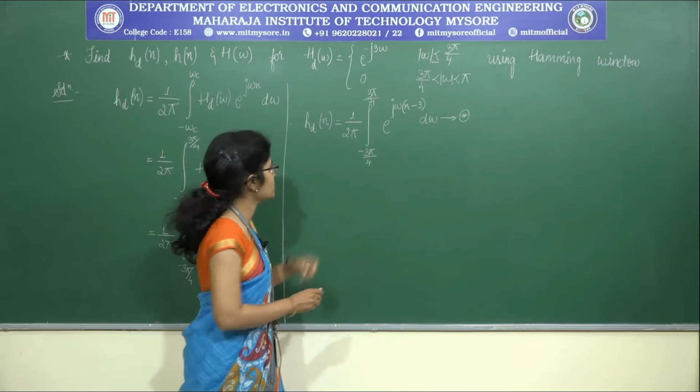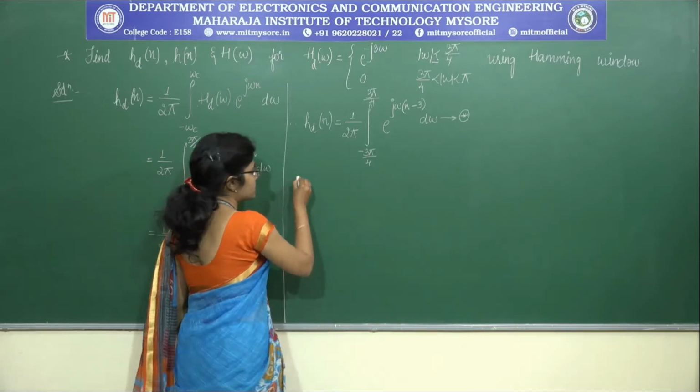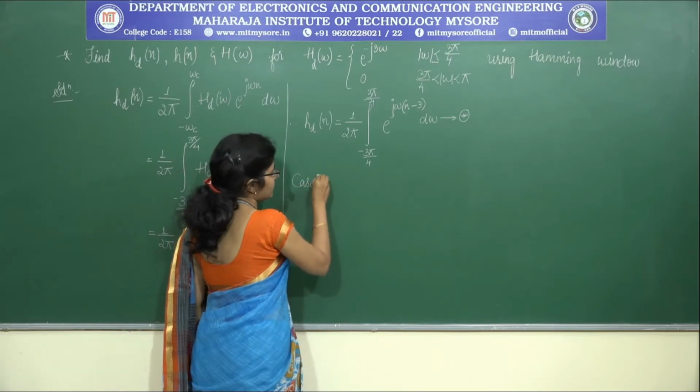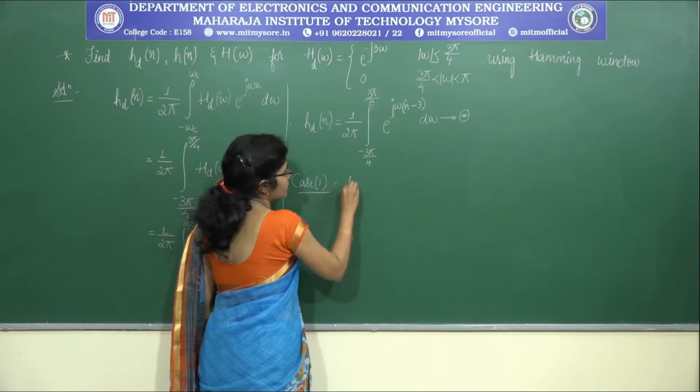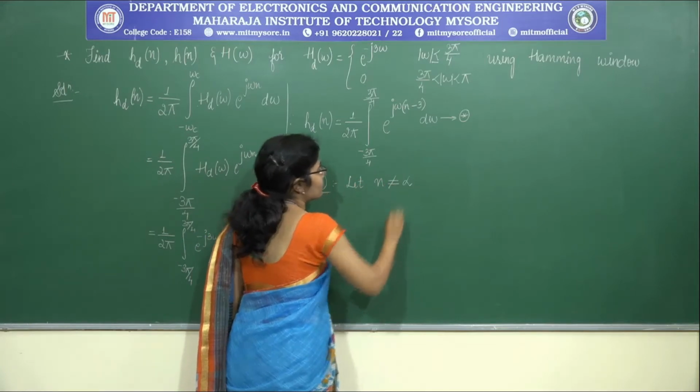If I solve for star, I need to solve it with two cases. Let me start with case 1. In case 1, let the value of n be not equal to alpha.